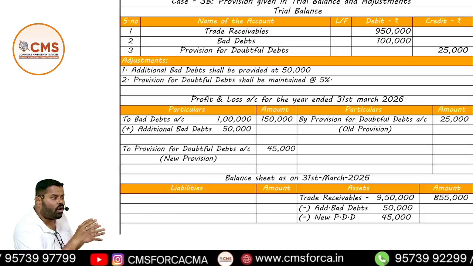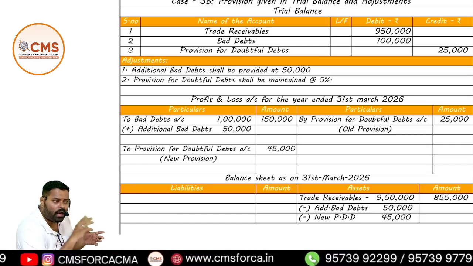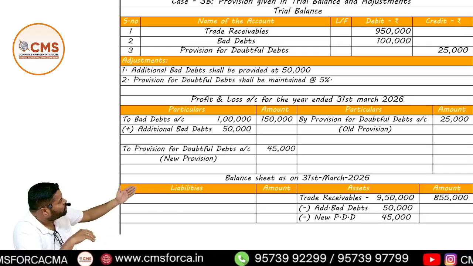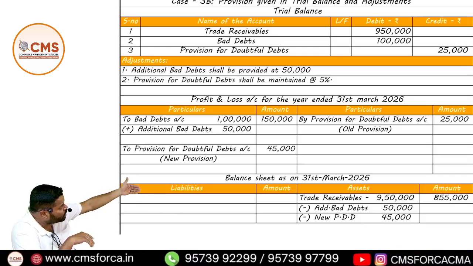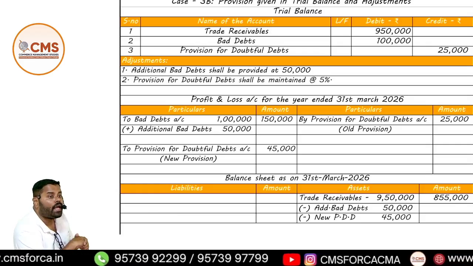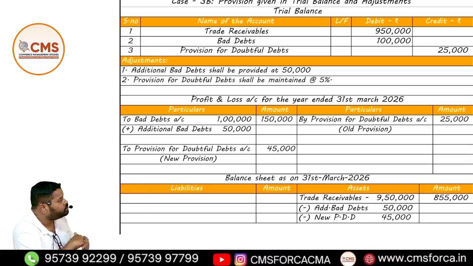Which means that already you have sustained a loss of 1 lakh before preparation of trial balance. So technically, if these bad debts were not there, I would have got my trade receivable balance as 10 lakhs 50,000, but I got a confirmed loss of 1 lakh already.